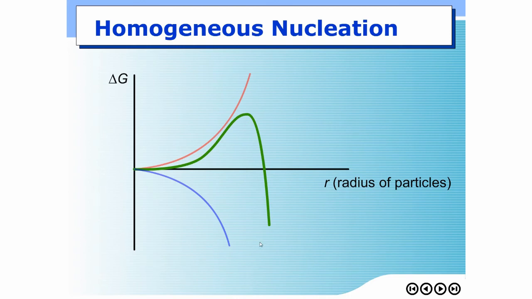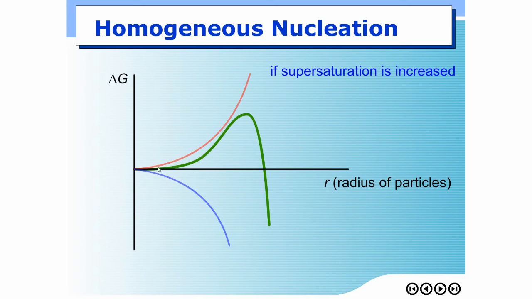Now, the green line was formed from 2 functions. The surface function represented by the red line, and the volume function represented by the blue line. Okay? If the level of supersaturation is increased, that means if I can create concentration of growth species within the liquid to be much higher than solubility of that growth species, so I increase supersaturation level. You should see that supersaturation level has nothing to do with surface energy.